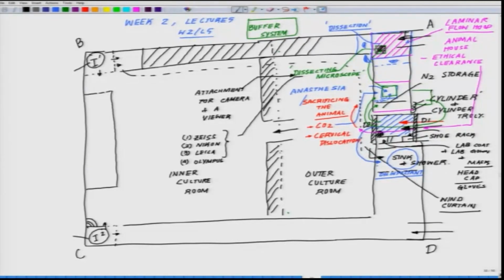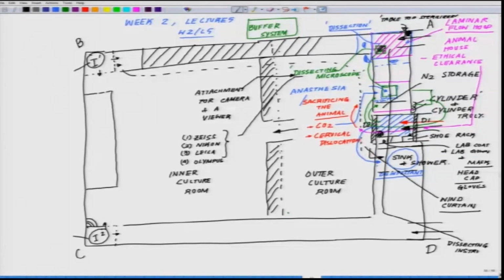In the corner, you prefer to have a tabletop sterilizer. What is a tabletop sterilizer? So, for dissection you will be needing dissecting instruments. Okay.